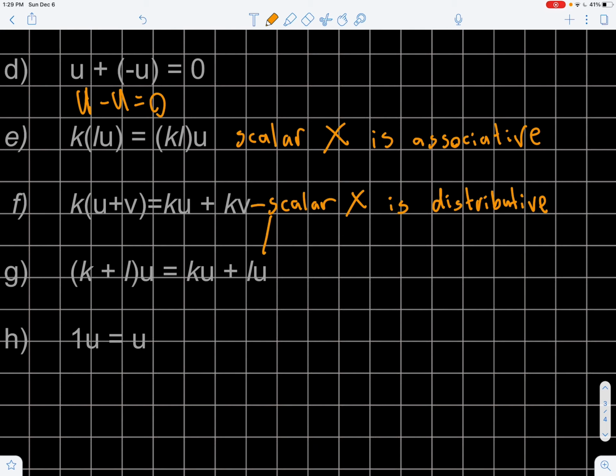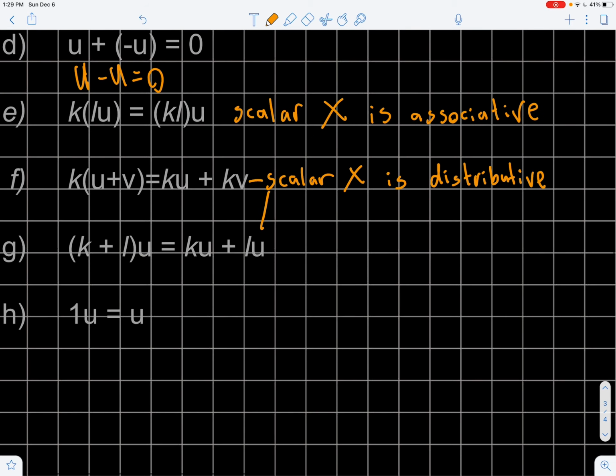Not only can you distribute the scalar across vector addition, you can also distribute a vector across scalar addition. And of course, scalar 1 times u is the same as u, which is to say that scalar multiplication is also identitive.